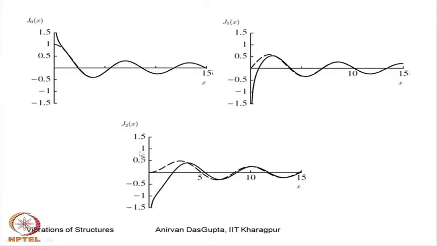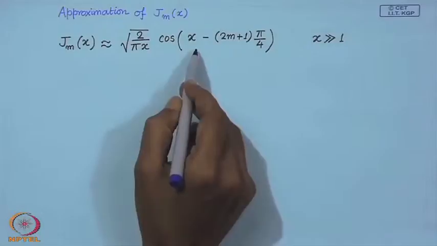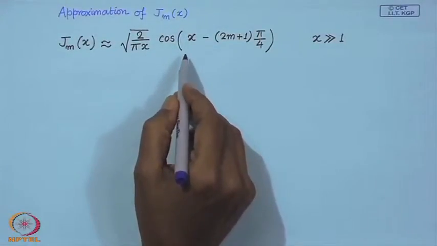Now, for J 2 this approximation is not so good for the first root. Well, there is some error in the second root, third root is close, and from the fourth root it is quite good. So, you can expect that this approximation is going to give us the roots.